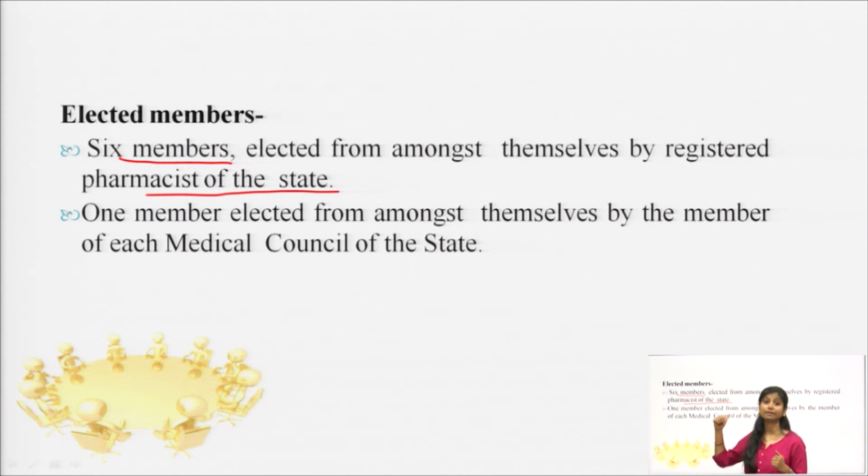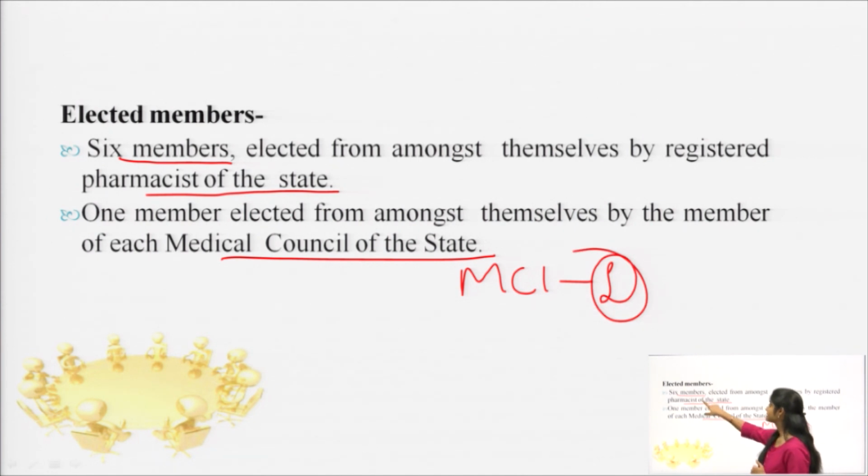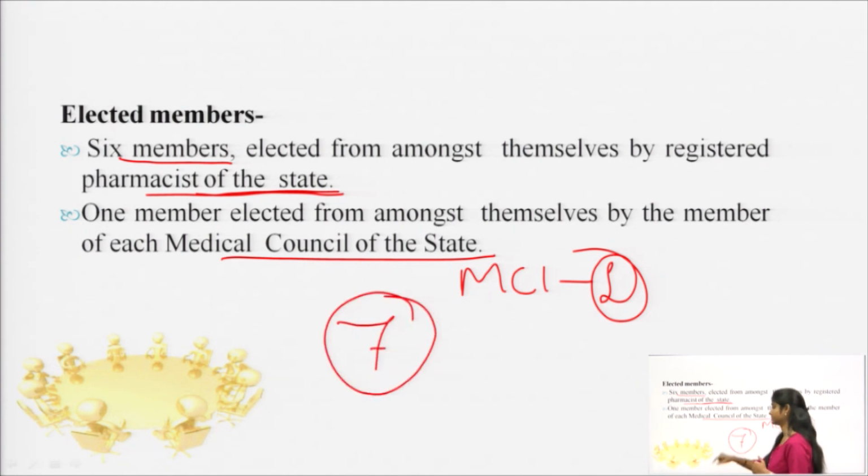These are pharmacists. वहाँ पर टीचर्स थे, जो सेंट्रल गवर्नमेंट था, वहाँ पे टीचर्स थे, जो स्टेट गवर्नमेंट है यहाँ पर फार्मासिस्ट हैं. 1 member elected from among themselves by the members of each medical council of the state. MCI का 1 member है. 6 members स्टेट के फार्मासिस्ट होते हैं, तो ओवरऑल we have 7 members.